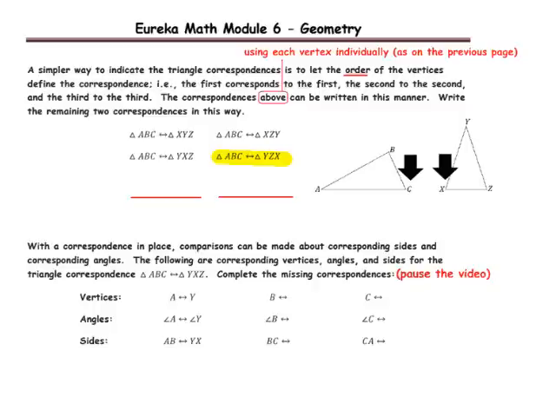So pause the video and see if you can figure those out. So here's a clue. You're going to start out with triangle ABC and your double arrow to show the correspondence. Triangle ABC and then the double arrow showing the correspondence. So what you need to figure out is the order of the three letters for the second triangle.